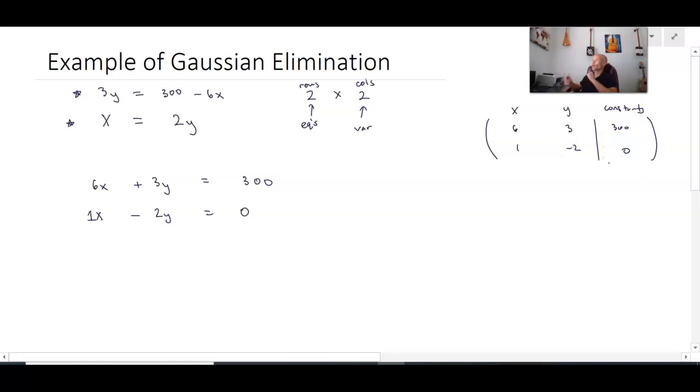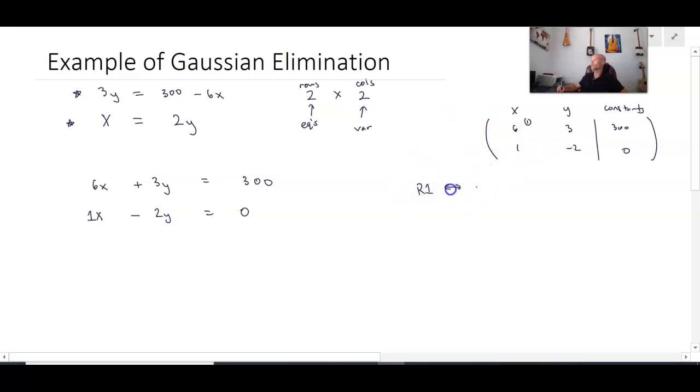Now, along with my three operations, I'm allowed to swap rows, I'm allowed to scale rows, and I'm allowed to add multiples of one row to the other. Our first step is going to be to obtain a 1 in this first component here. But I already see that the second row has a 1 in the x column, so I'm going to go ahead and switch row 1 and row 2.